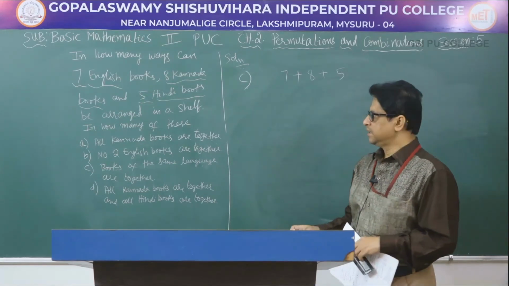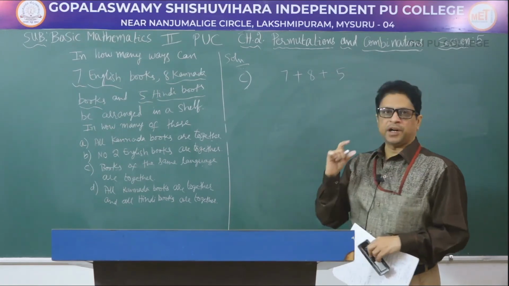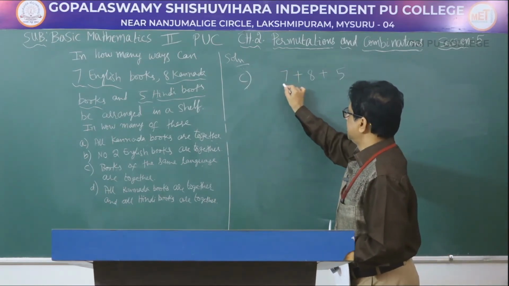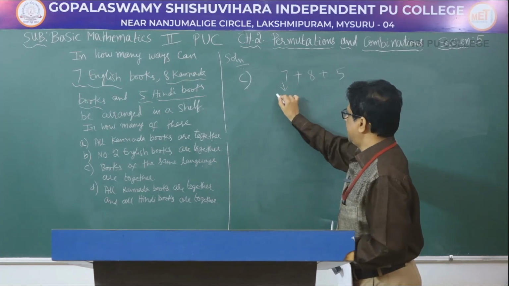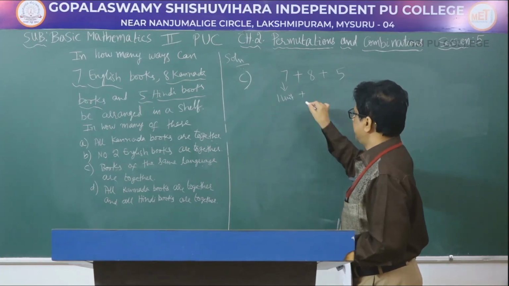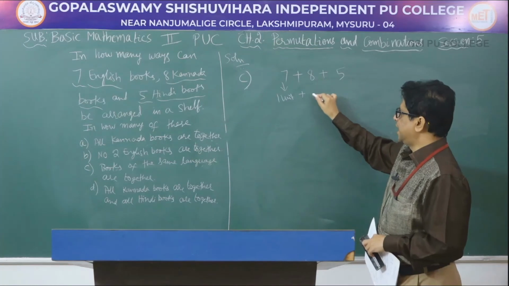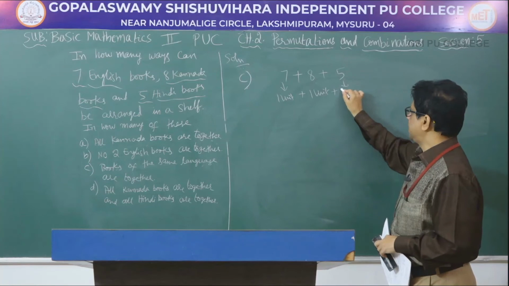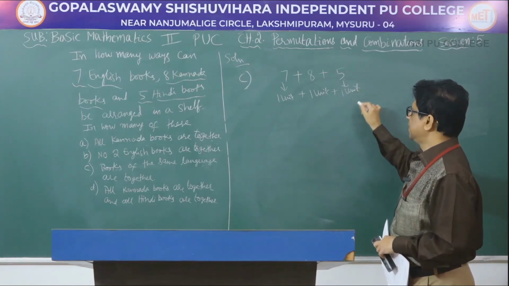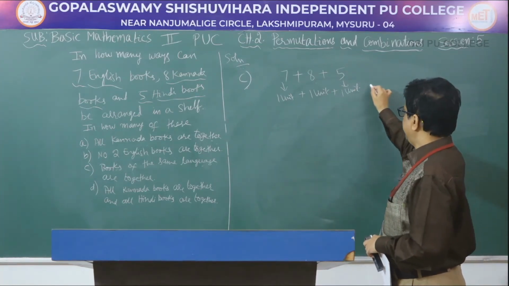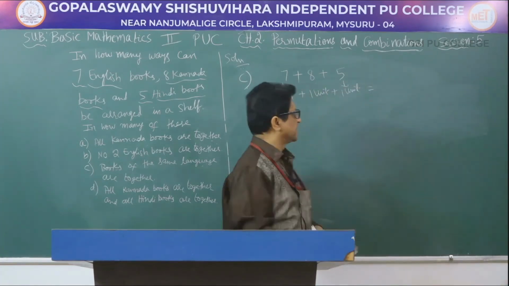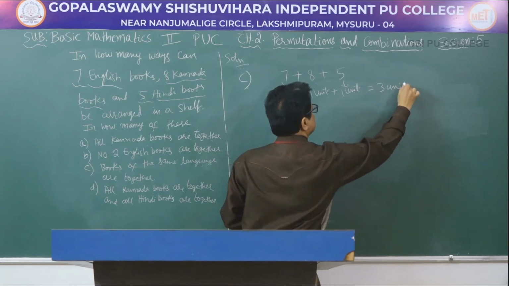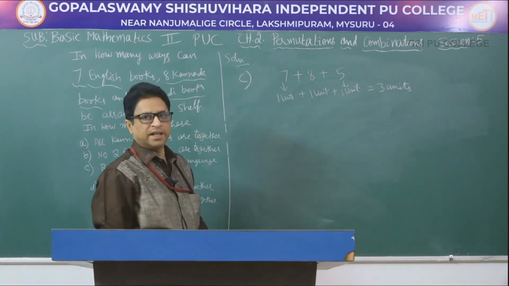Let us consider each type of books as one unit, that is we consider 7 English books as one unit plus 8 Kannada books as one unit and 5 Hindi books as one unit. So, total there will be 3 units.